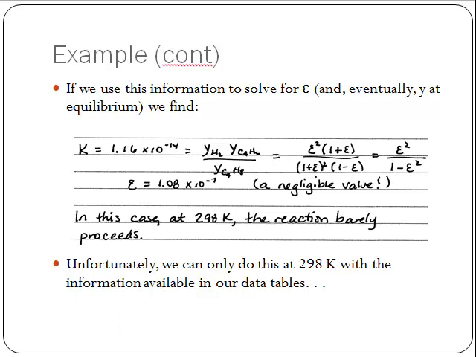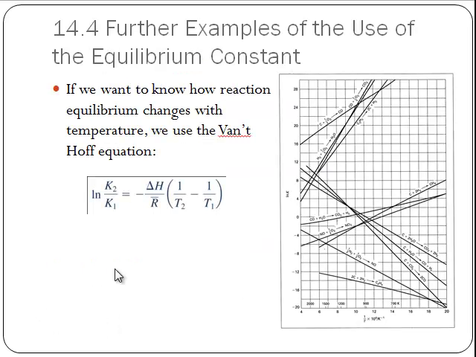In order to do that, we would need to use something called the Van 't Hoff equation. Now there are others, but the Van 't Hoff equation says that if the delta H for the reaction is fairly constant as I go from temperature to temperature, then the log of the K ratios from temperature 1 to temperature 2 is negative delta H over R times the differences in the reciprocals of the temperatures.